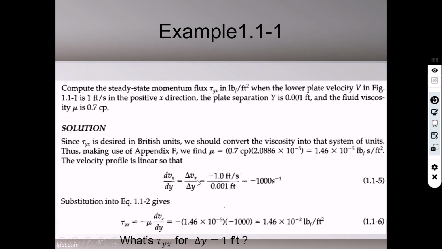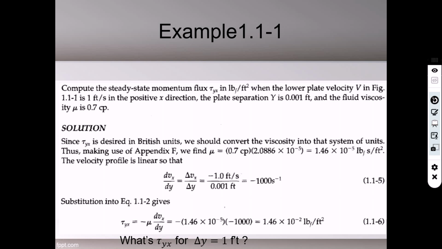The way to do that is kind of easy, because the author just uses the velocity gradient: the difference of the velocity divided by the distance between the plates. The example specifies that one plate moves with a velocity of 1 and the other plate stays there with a velocity of 0.